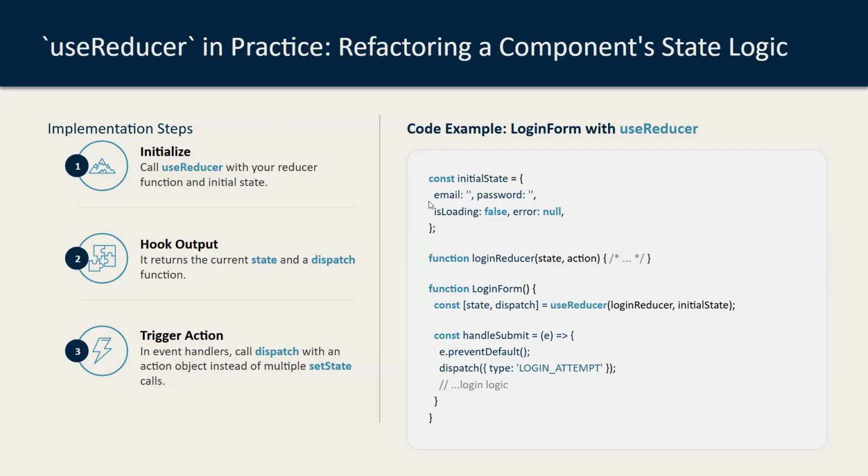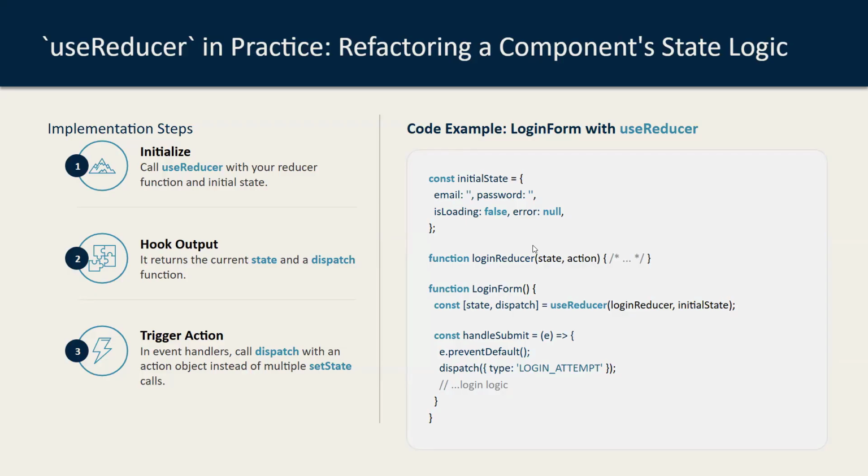Step one is initialization. We call useReducer and pass in two things: the reducer function and the initial state. Step two is the hook output. useReducer gives us back the current state and a dispatch function.